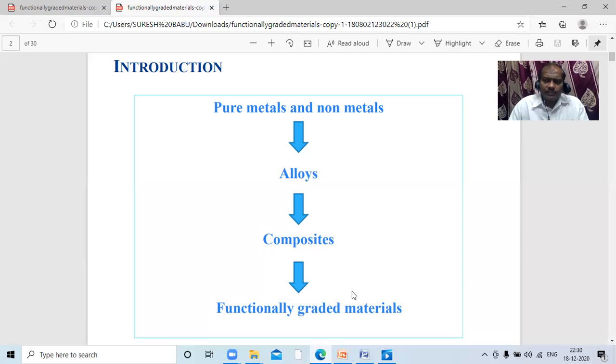To satisfy those needs, we need a particular material for that application only, and we cannot replace it with another material. First, from pure metals, alloys were developed. Combining a pure metal and a non-metal, composites were developed. From combinations of metals and non-metals, functionally graded materials were developed.